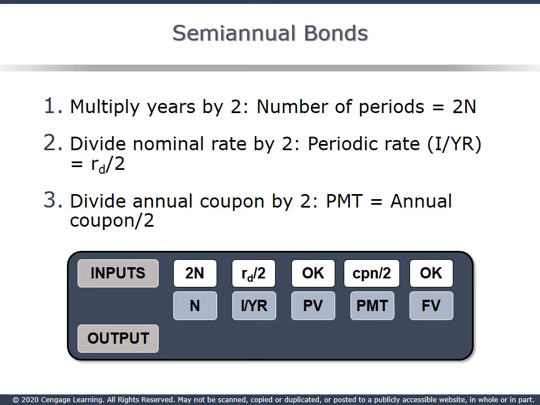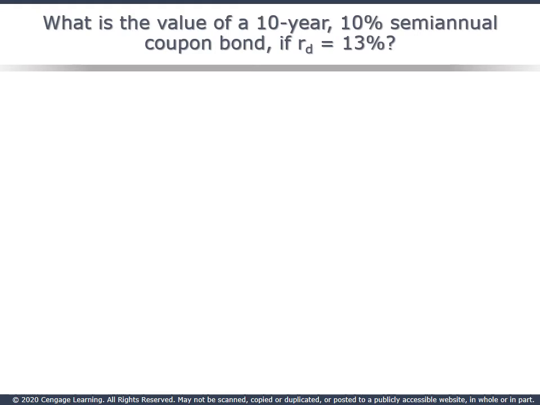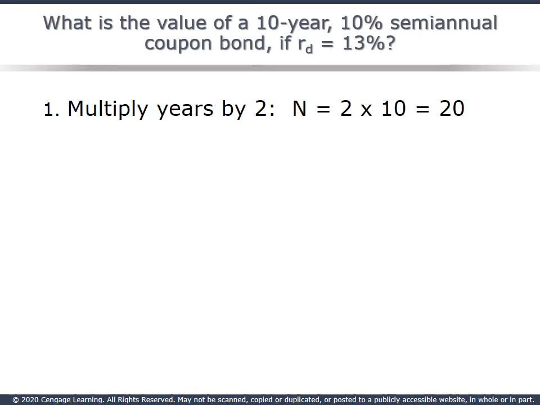So, what if we had a 10-year, 10% semi-annual coupon bond that had a yield to maturity of 13%? Here, when it comes to N, our N will be 20.